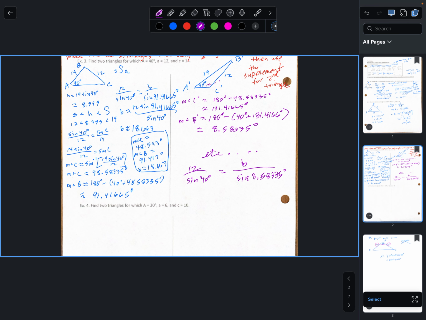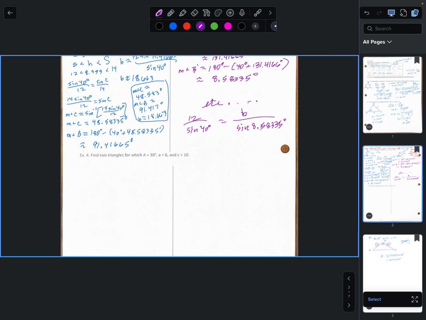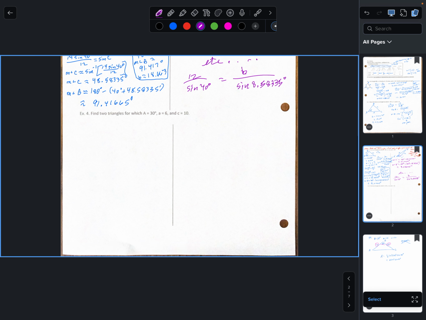So then you want to stop right there and think about A prime, B prime, C prime. And the measure of angle C prime is the supplement.